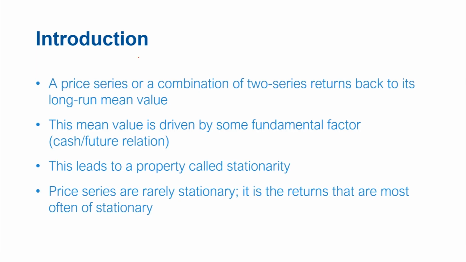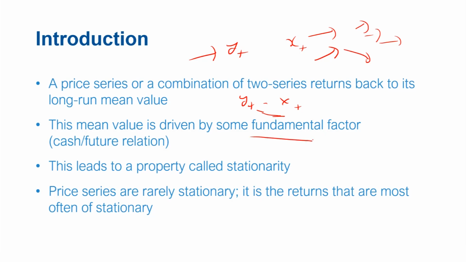To begin with, if two series, let's say yt and xt, have a property of coming together towards each other, and even if in the short term there are deviations, they come together towards each other, that means if you take some combination of yt and xt, because of this fundamental property of staying with each other, the combination of these two series has some kind of long run mean value. And like I said, this long term relationship or mean is driven by some fundamental factor.